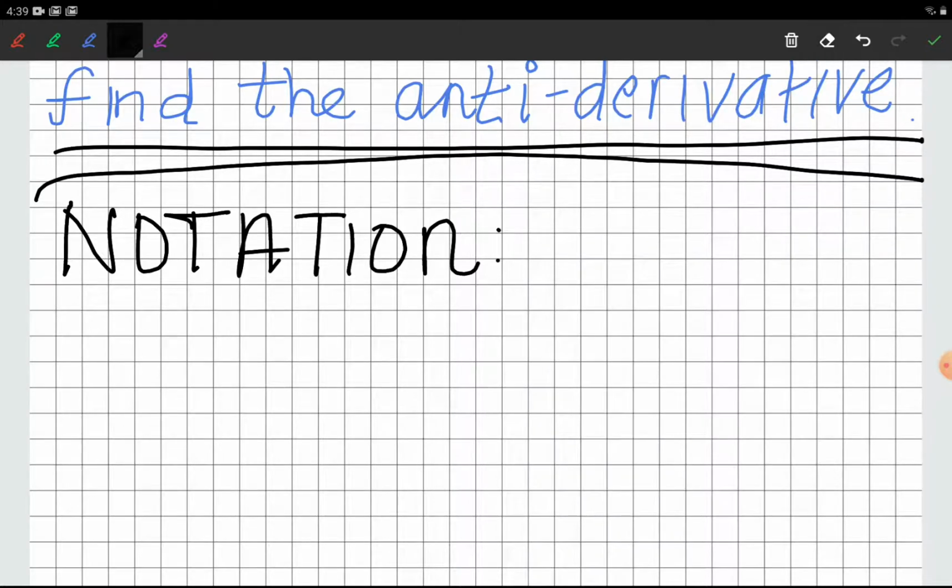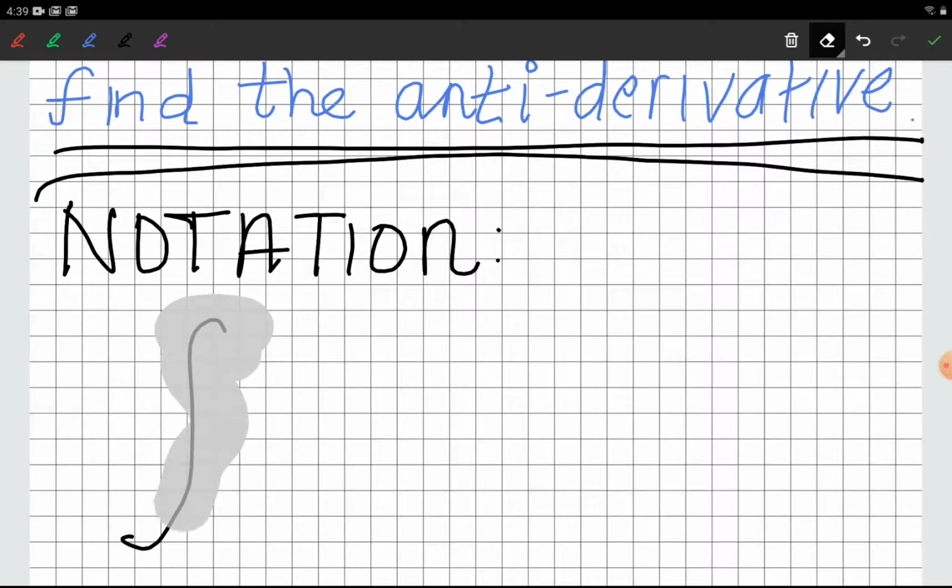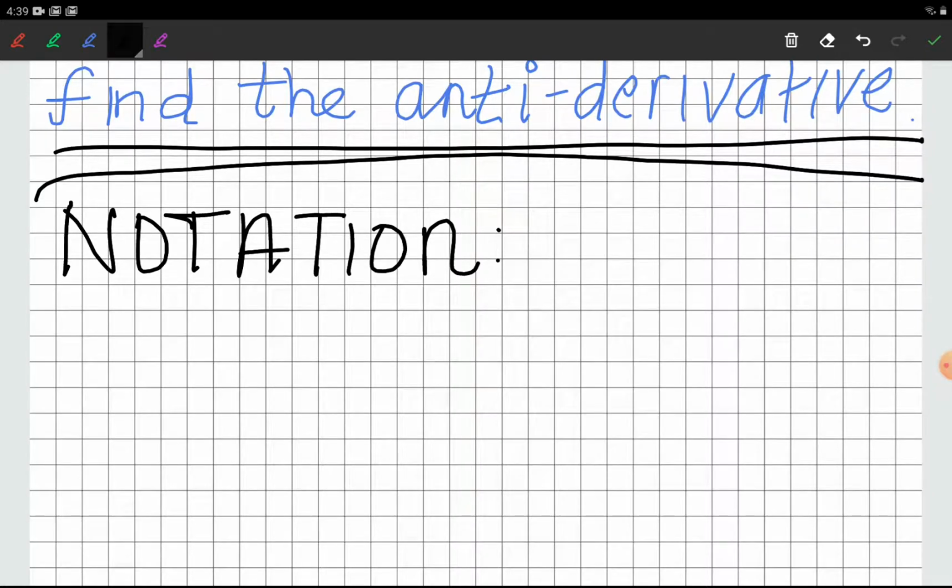It's like an f, but without the line going through it. Here we go. Yay! I got it. This is this curvy symbol thingy.